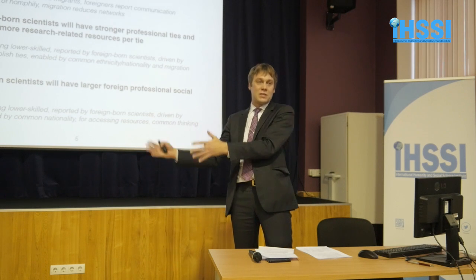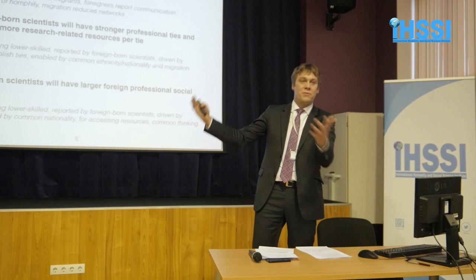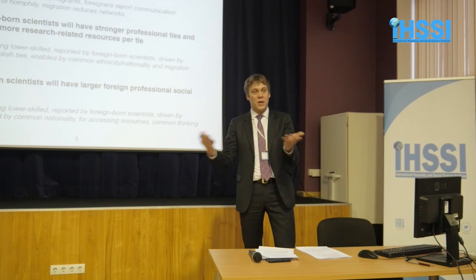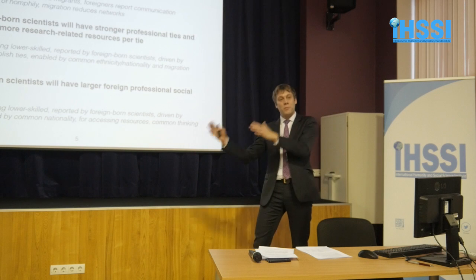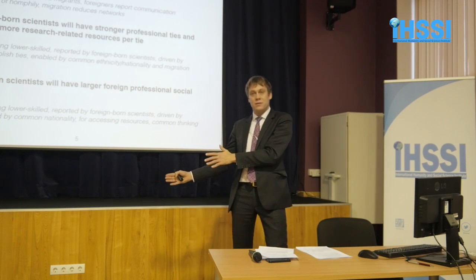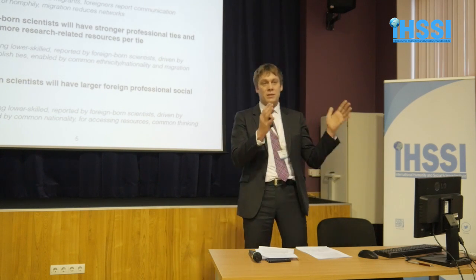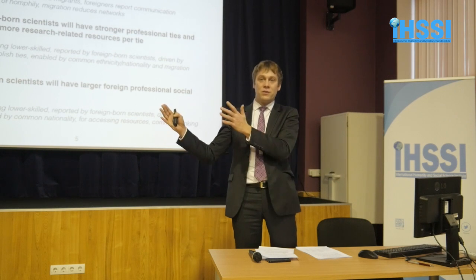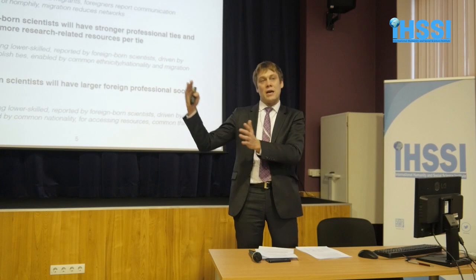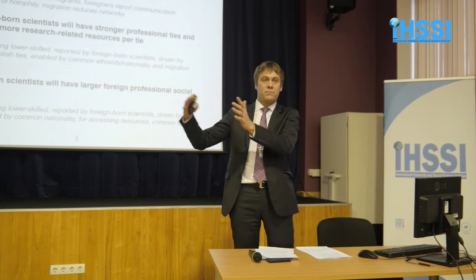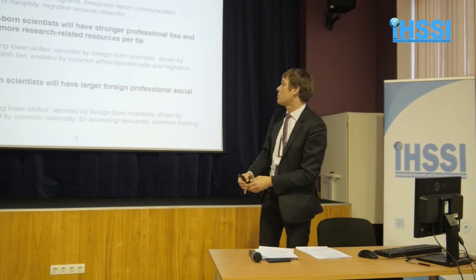If you get into another country, you are not so similar to everyone else, so you face difficulties when making social connections. Another thing is that at the moment when you migrate, a lot of your social acquaintances remain in your home country, and you have to start your social network from scratch. So with time, it will still be smaller compared to comparable local scientists.